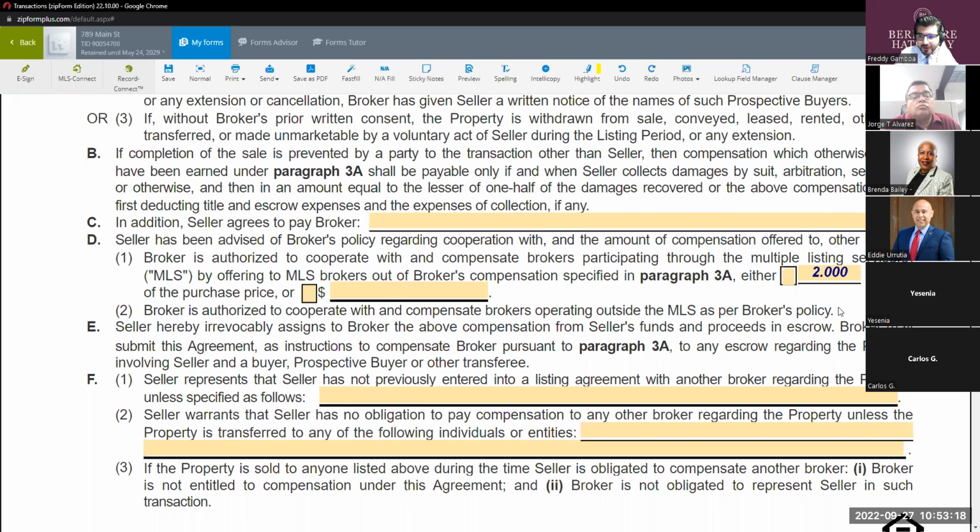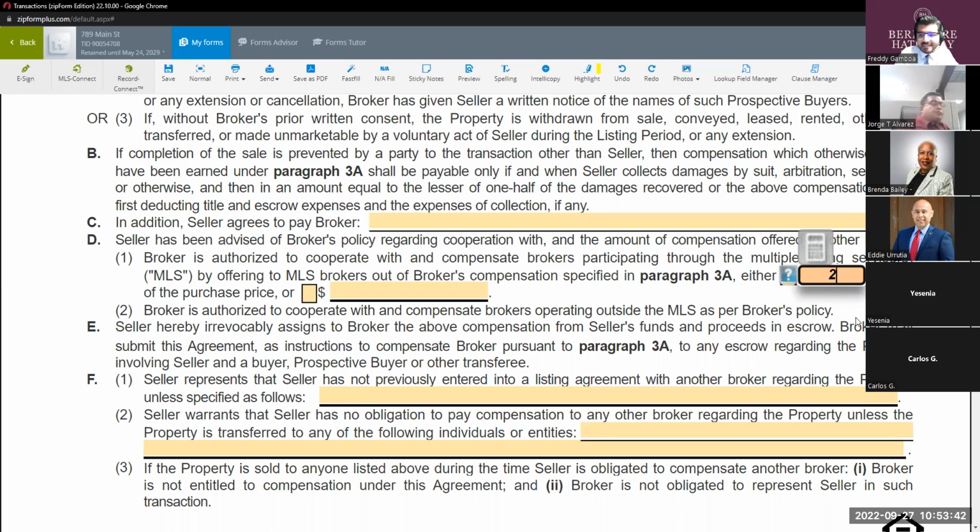Now, if you want to be fair, yes, you could go 3 and 3. But again, who went out of their own way to market, to look for the seller, to prospect, to make flyers, to do everything? It's you. So I encourage you guys to always charge 4 and keep 2, or if you want to be fair, go 3 and 3.